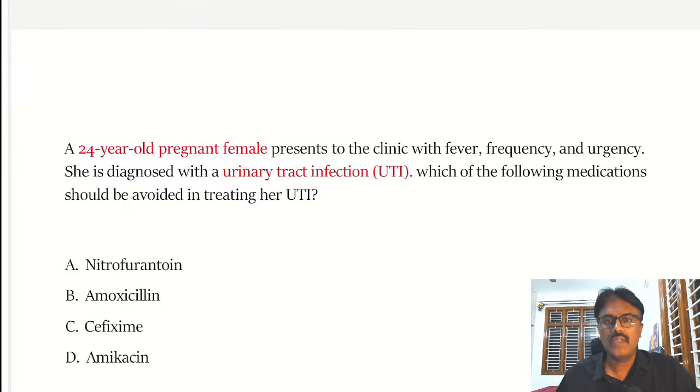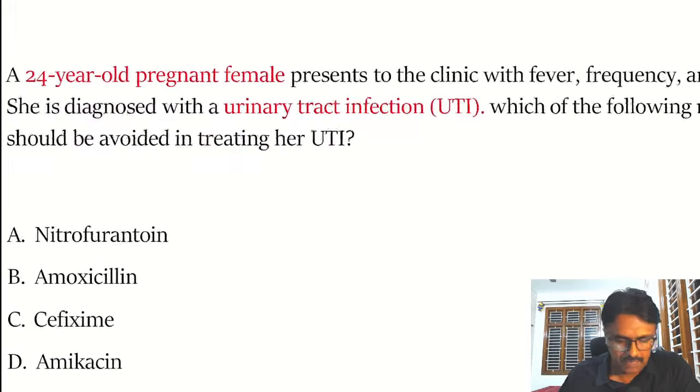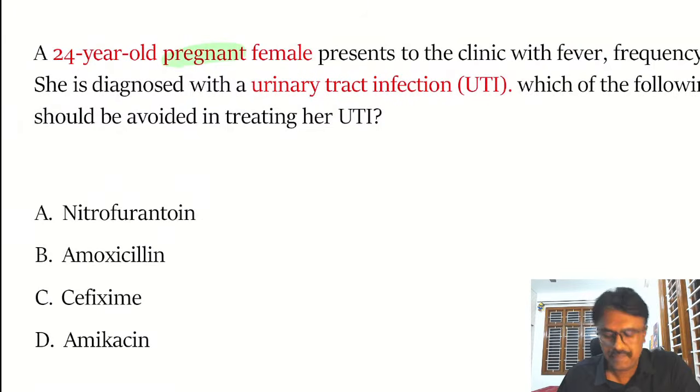So the next question is: a 24-year-old pregnant female presented to the clinic with fever, frequency and urgency of urine. She is diagnosed with UTI. Which of the following medications should she avoid? The question is directly asking which antibiotic should not be given to a pregnant female. We use nitrofurantoin, penicillin which is safe, cephalosporins are safe.